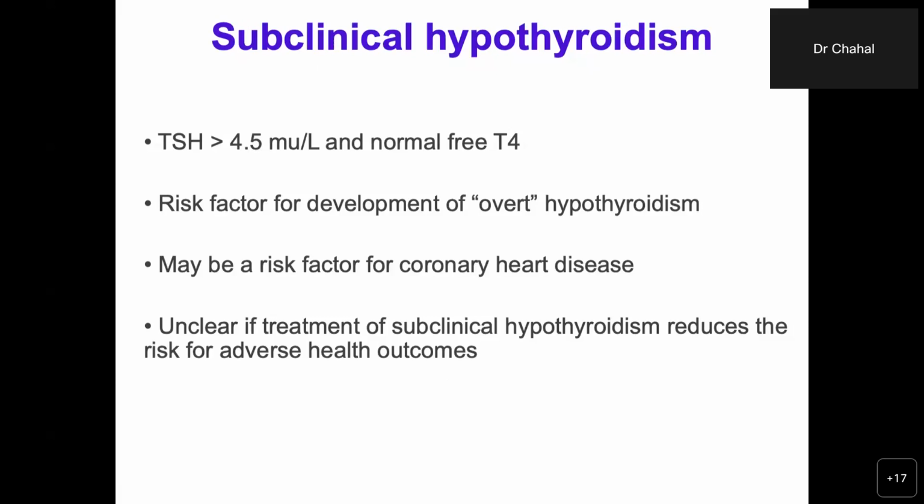If they have clinically apparent hypothyroidism and the TSH is between 4.5 and 10, then we should offer patients a trial of levothyroxine to see if that improves any of their symptoms. And certainly if the T4 is low with an elevated TSH, then we should replace the thyroid levels.